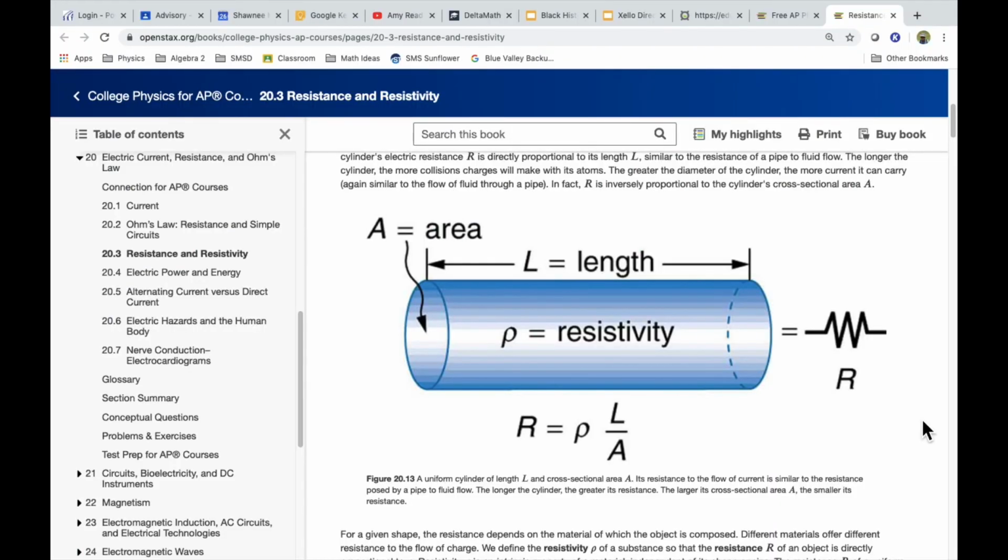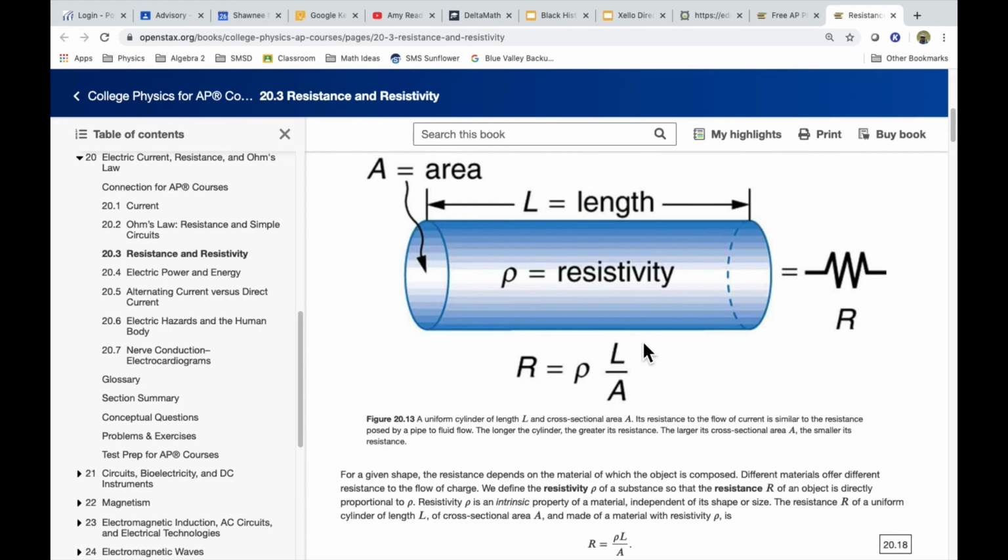From the OpenStax book, here is an example showing us resistance and resistivity. Resistance is our capital R, and it depends on the shape and the length of this wire, whereas the resistivity is just the wire itself. On that same page in the OpenStax book, they have a table, and the Survey book has a table as well.